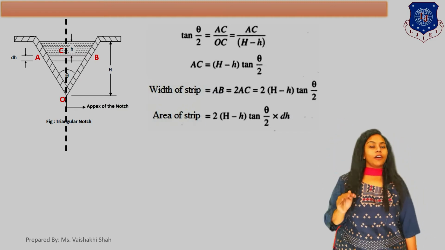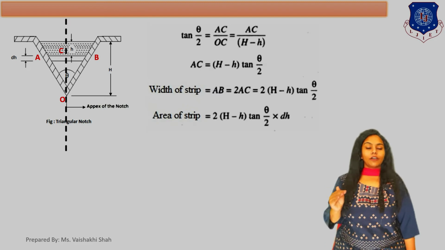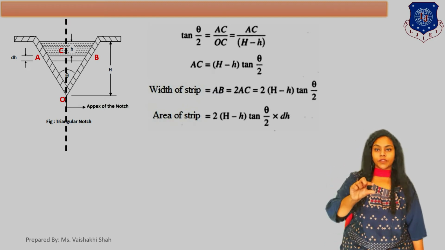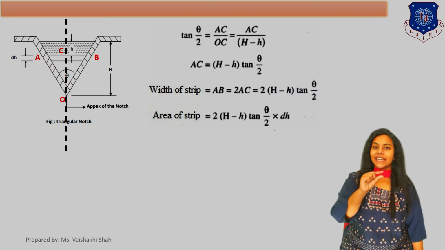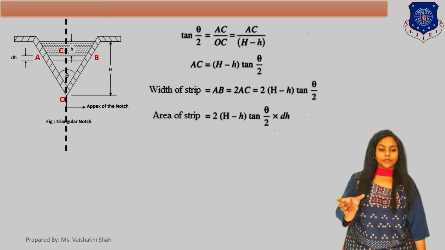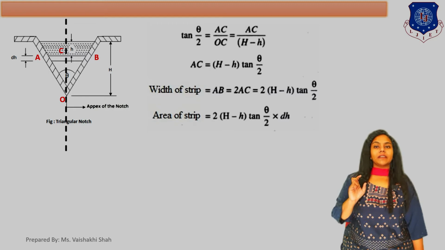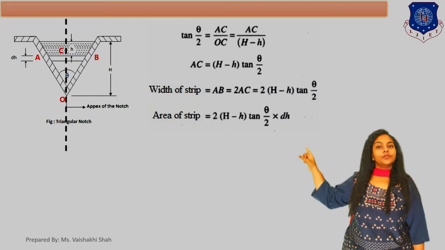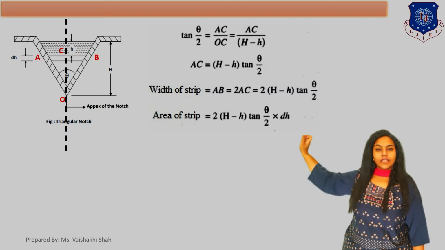Now the area of the strip is width into depth. The depth of the strip is dh and the width of the strip is 2 into (capital H minus small h) into tan theta by 2. This is the area of the strip.